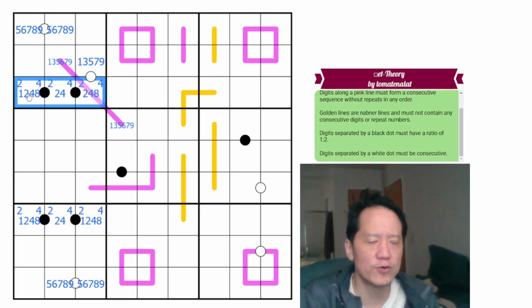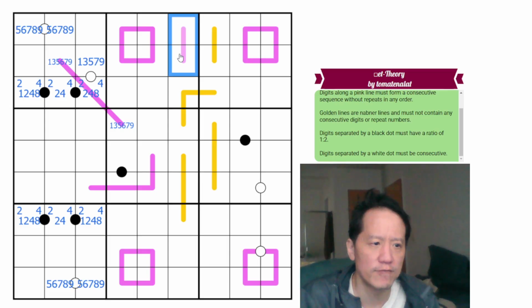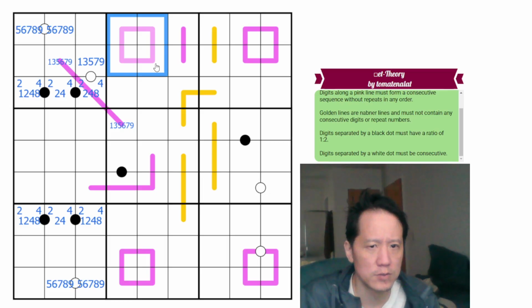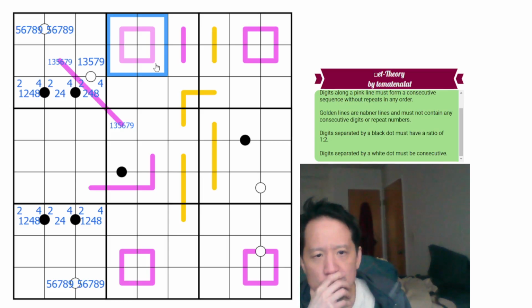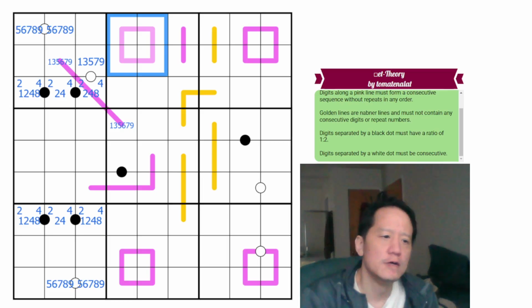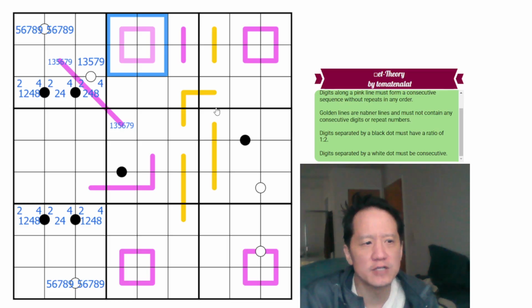But if this is 2, 4, 8, the 8 has to be separate from the 4. So this would have to be 8 here, which would mean this is 2 and 4. That's actually very interesting.